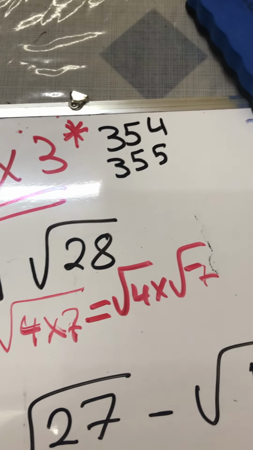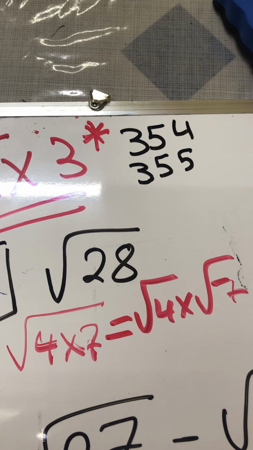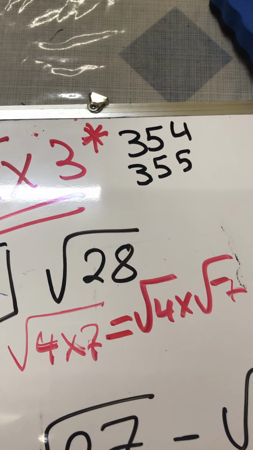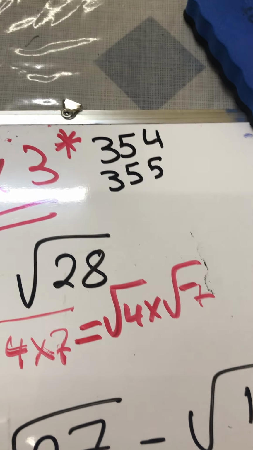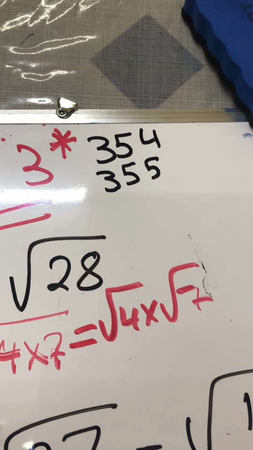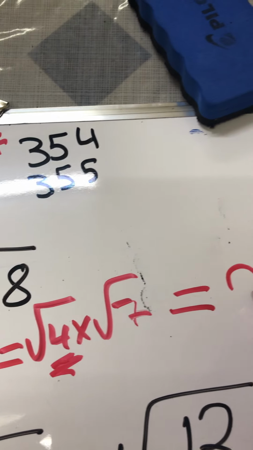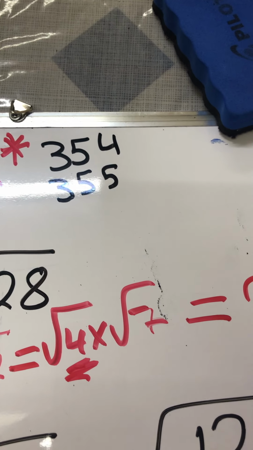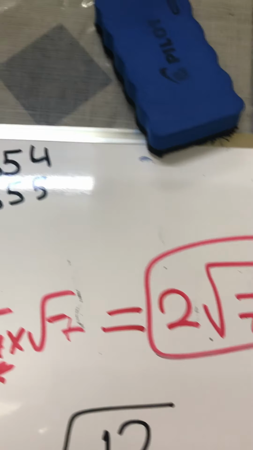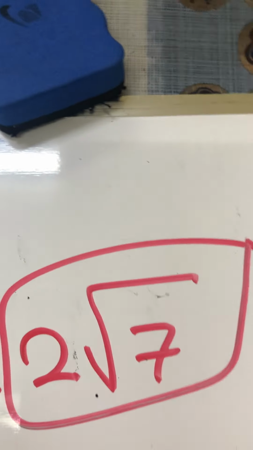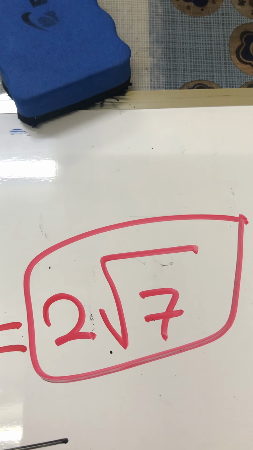Square root of 28, 28 is 4 times 7. Square root of 4 times square root of 7. The square root of 7 stays the same.